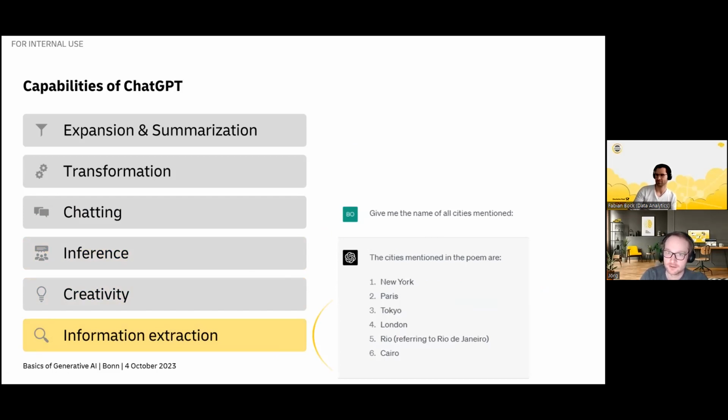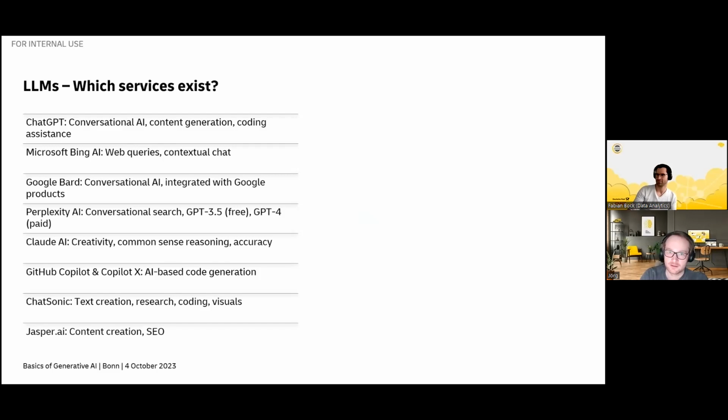Okay, next slide. So just maybe as an overview, because you're all already pretty familiar with ChatGPT, but of course there are other services. While ChatGPT, at least in the basic version, is restricted to a cutoff date of, I think, end of 2021, with other services, for example Bing, you can extend the knowledge by having the model do web queries.